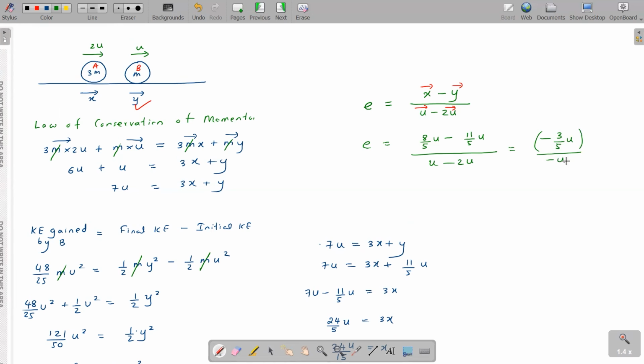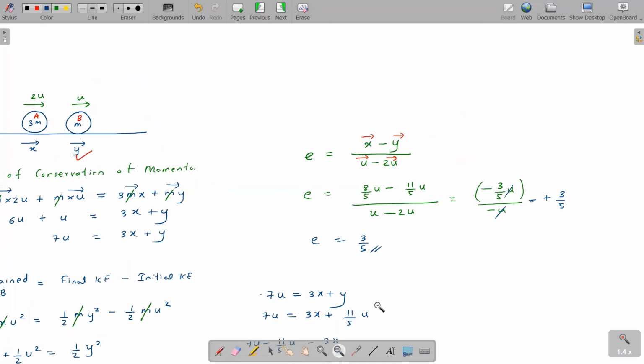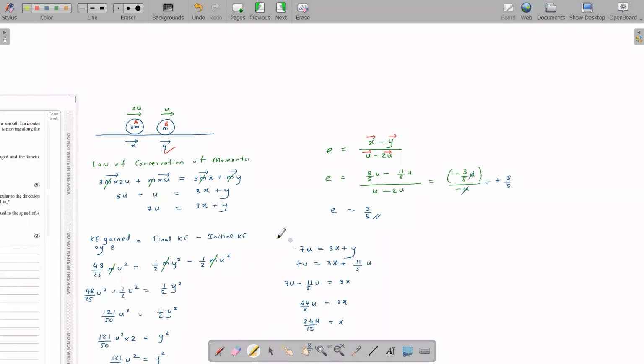Divided by u minus 2u, which is minus u. Minus divided by minus is a plus. The u and u cancel, and you get 3 over 5. So the E value is 3 over 5. Is this okay with you all? I have written this all over the place, but this is the final part. I took the x and y values and used the restitution equation. This is the answer for 8 marks.